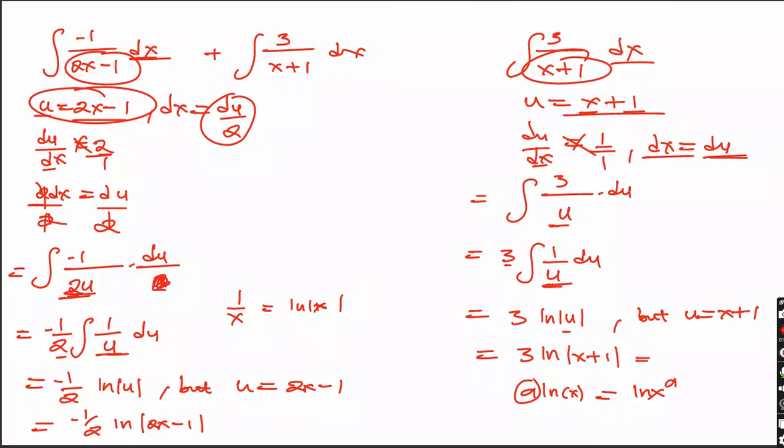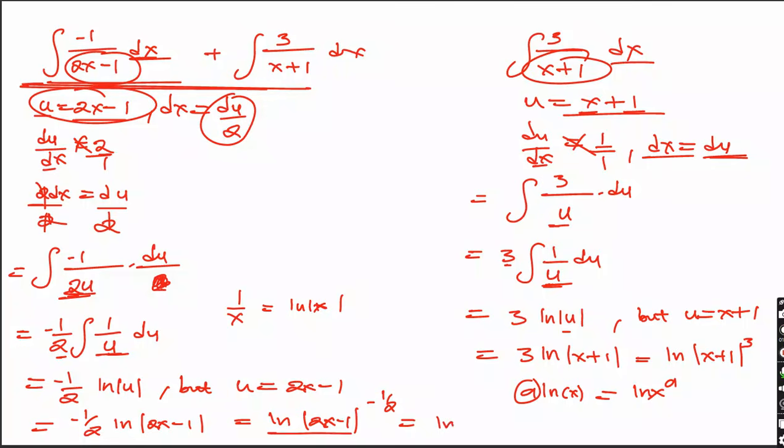So you can maybe write it as ln x plus 1 raised to the power 3, and this can also be written as ln 2x minus 1 raised to the power negative half, if you want to further your answering. But since we were just adding here, our final answer is going to be this ln 2x minus 1 raised to the power negative half, then plus this, which is ln x plus 1 raised to the power 3.